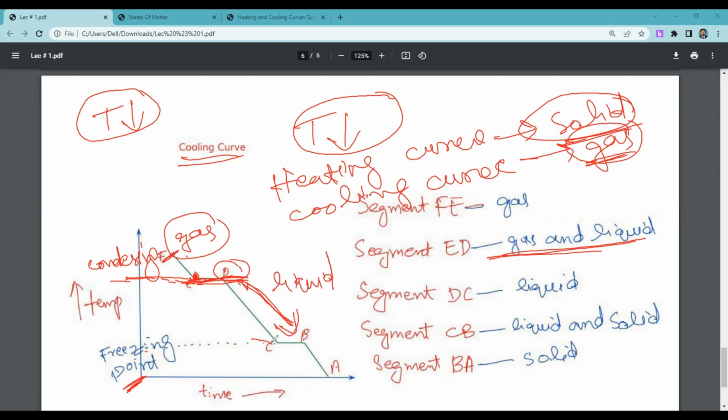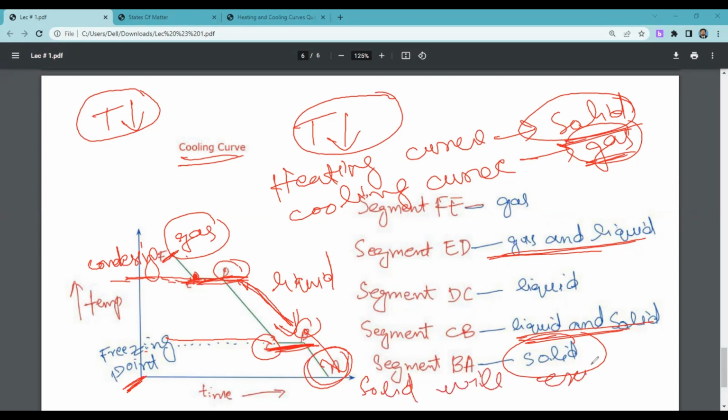At a certain point, because we are decreasing temperature, a liquid is converting into a solid. At this point, both liquid and solid will exist. When we move lower on the curve, this liquid is now completely converted into a solid. At this point, only solid will exist.